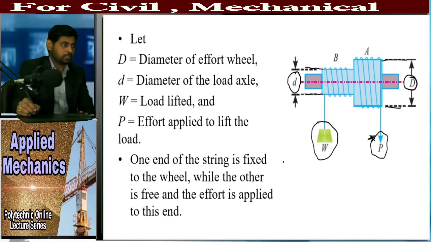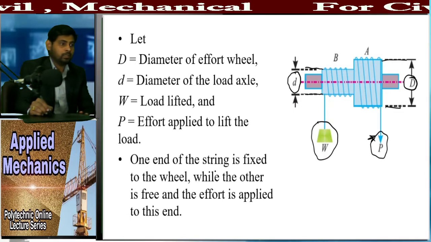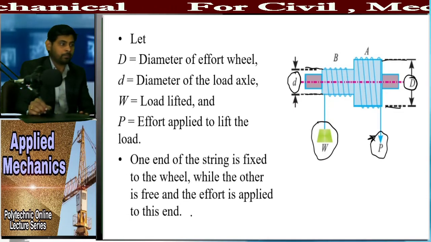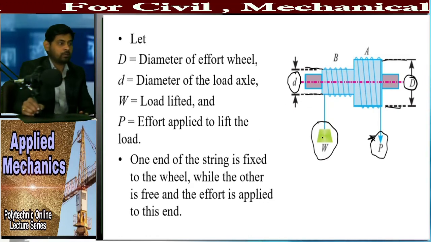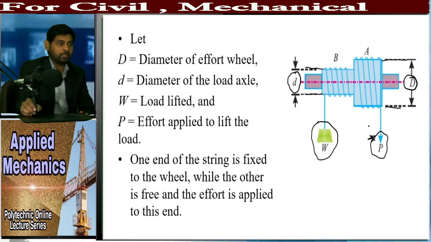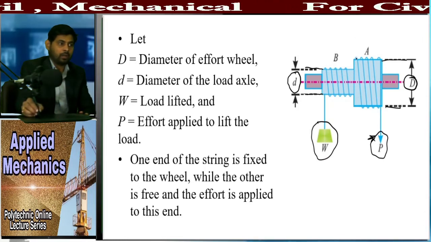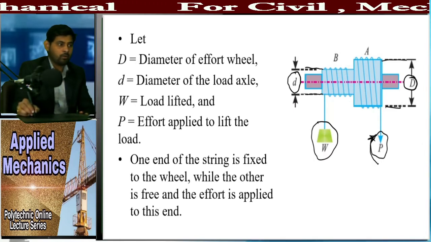Now you can see here, one end of the string is fixed to the wheel while the other is free, and the effort is applied to this end. Here you can see one end is fixed and another end is free, where we have applied our effort.